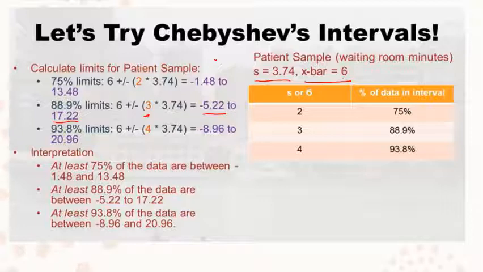Since we're going to use 3 standard deviations, we have to go 3 times 3.74. Let me calculate it for you. 3 times 3.74 equals 11.22.